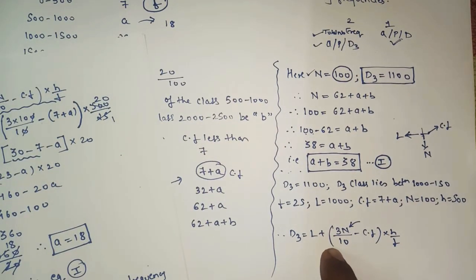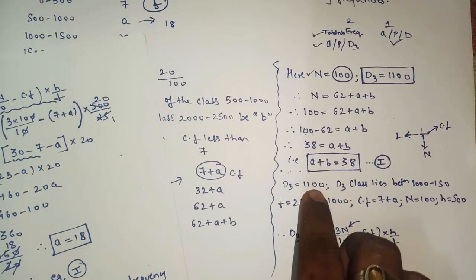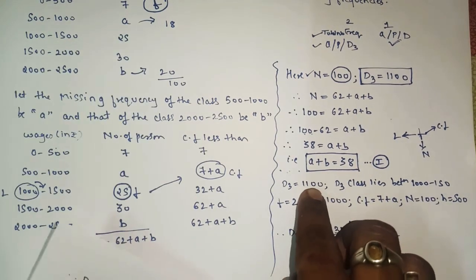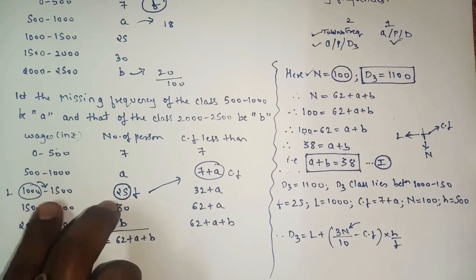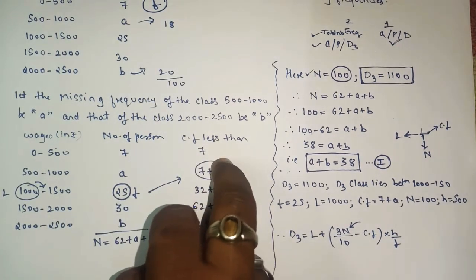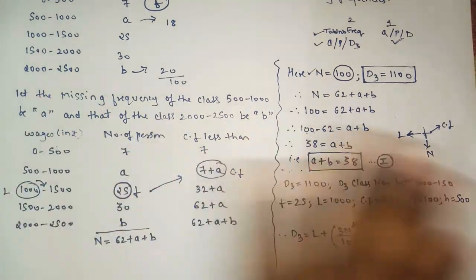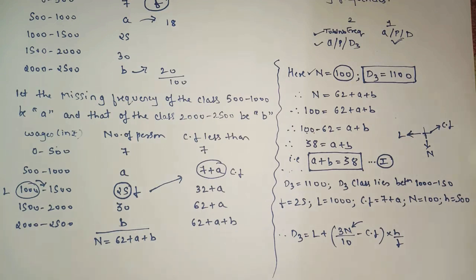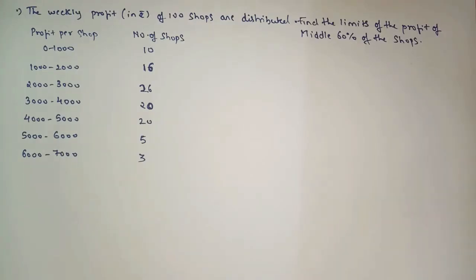Okay, understood? Just see the percentile, if 1100, you have to check that 1100 lies between these two, so this will be frequency, cumulative frequency, n, l. Substitute the value, you will get the answer. So now we'll move on to the next few sums. Okay, so now let's move on to the next sum.